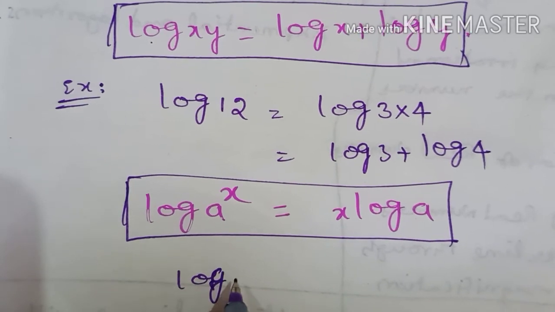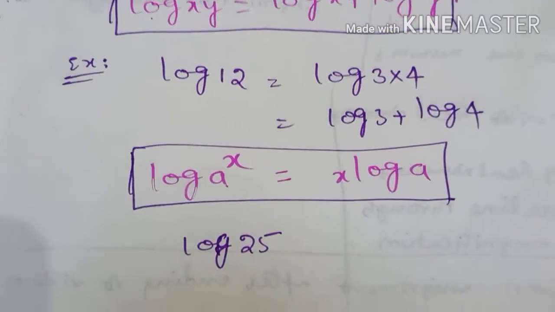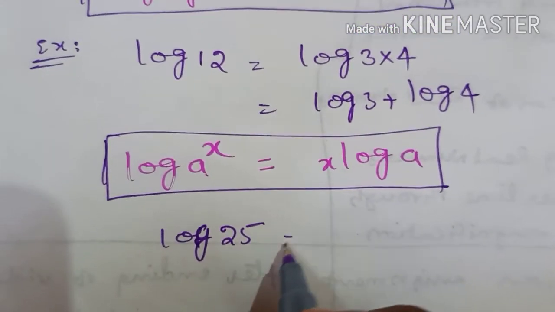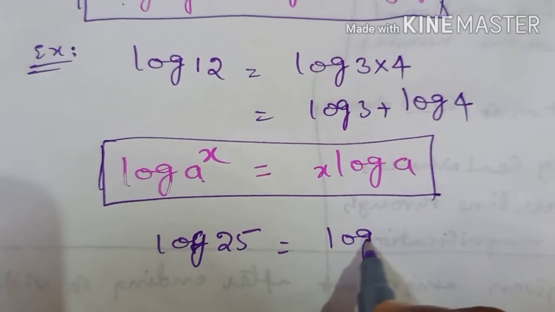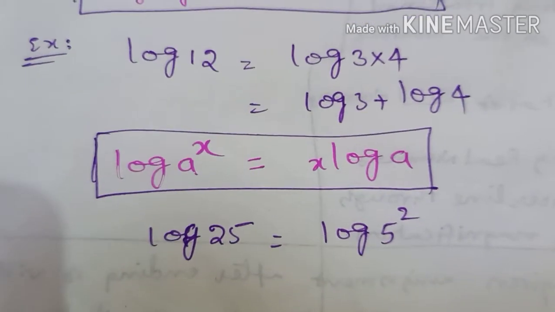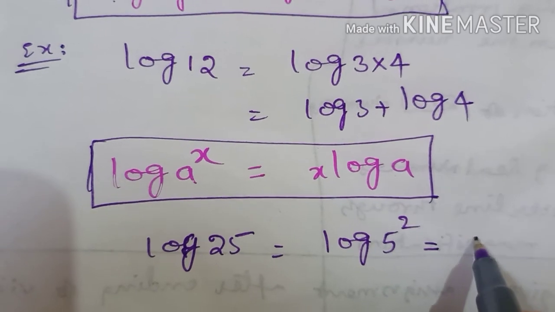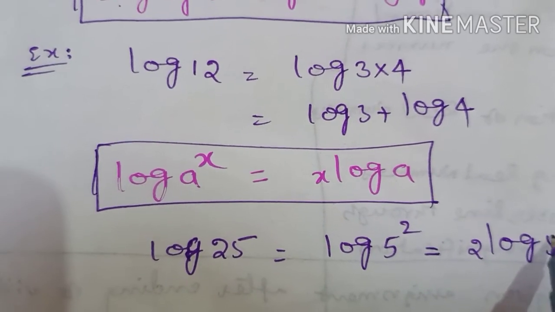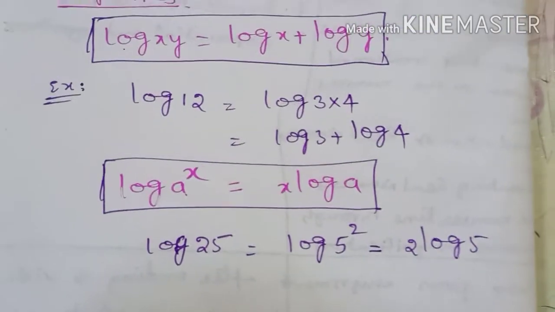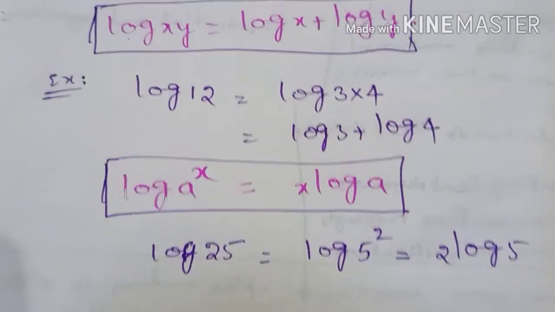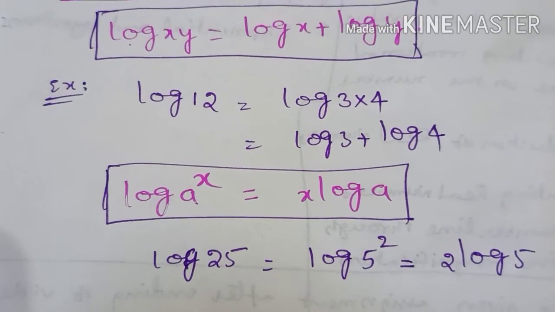Log 25, how we can write it is log 5 square. So this is equal to 2 log 5. You can take more examples so you can understand very easily.